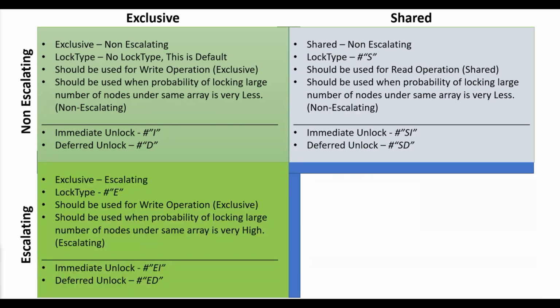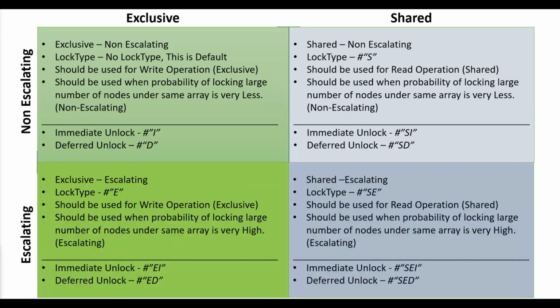Third pair is exclusive escalating. We need to specify lock type #e while locking or unlocking. Since this is exclusive, it should be used only where you are performing a write operation. Since this is escalating, it should be used only where the probability of locking a large number of nodes under the same array is very high.